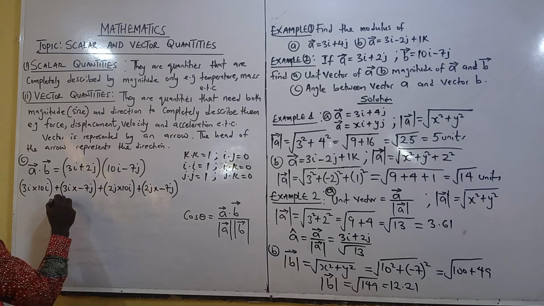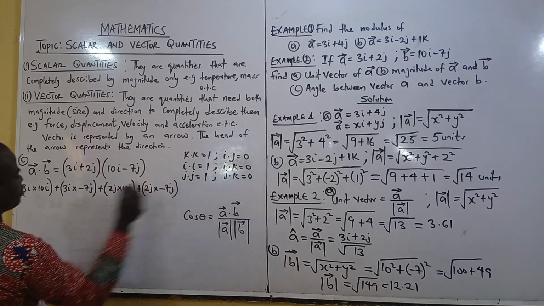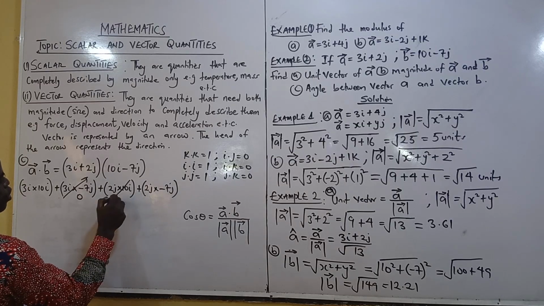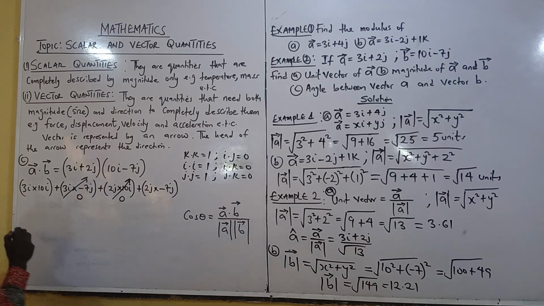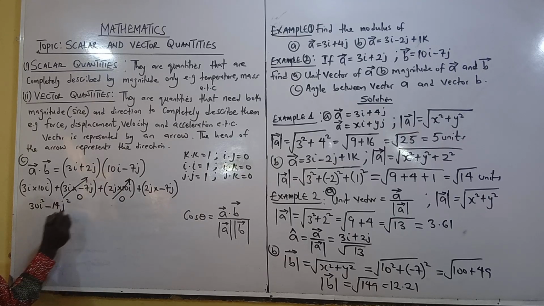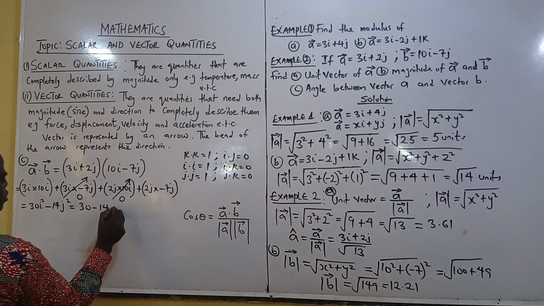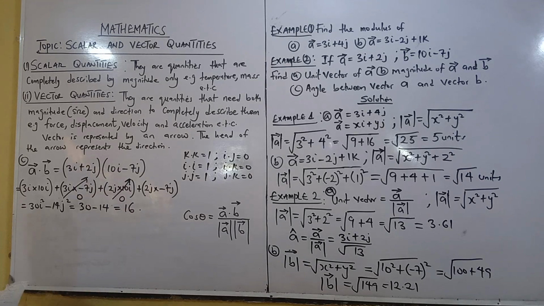The cross terms turn to 0 because i dot j is 0. Now you have 3 times 10, that's 30 i squared, and 2 times 7, that's 14, minus 14 j squared. Since i squared is 1, that's 30 minus 14, which is 16.